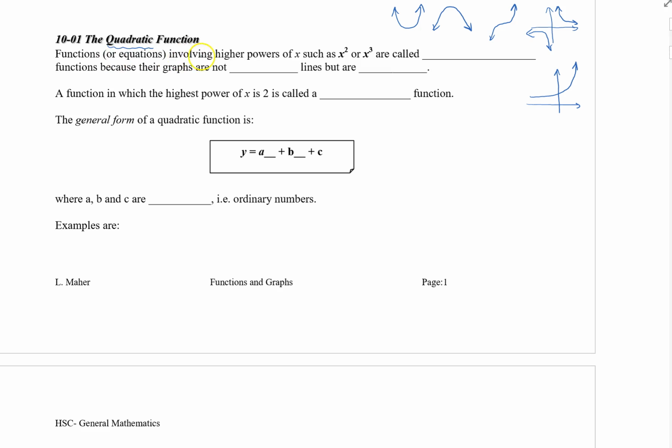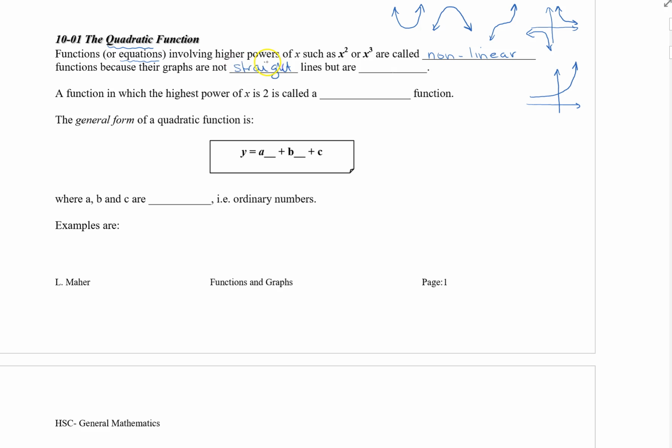So functions or equations, you'll hear me use this term function now. Every time I say function, think equation. So equations involving higher powers or indices of x, such as x squared or x cubed, are called non-linear, not straight functions, because their graphs are not straight lines.